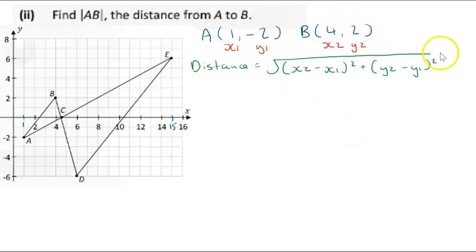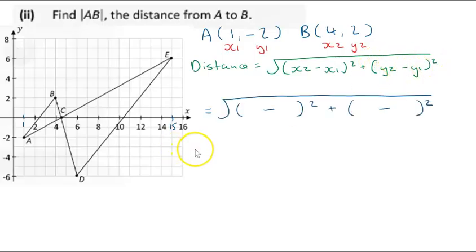We write out the distance formula from the formula book, which is the square root of x2 minus x1 to be squared plus y2 minus y1 to be squared. We then sub into our formula. We replace x2 with 4, x1 with 1, y2 with 2, and y1 with minus 2.